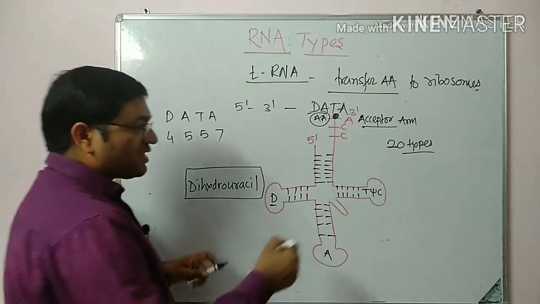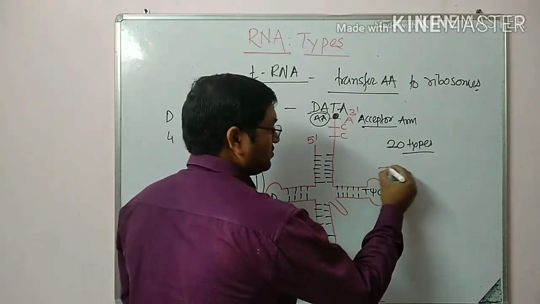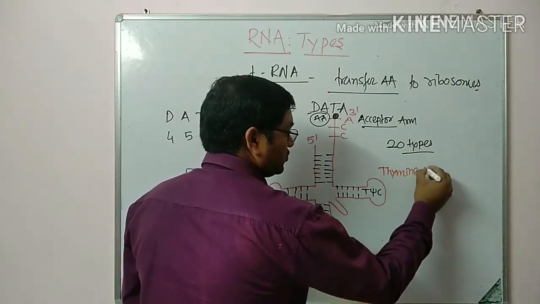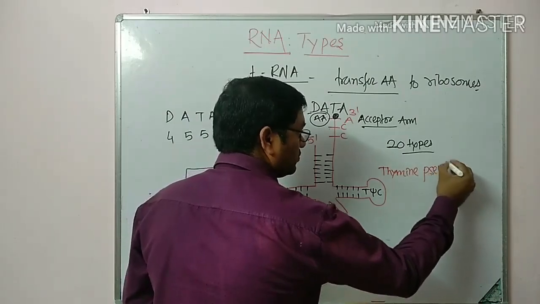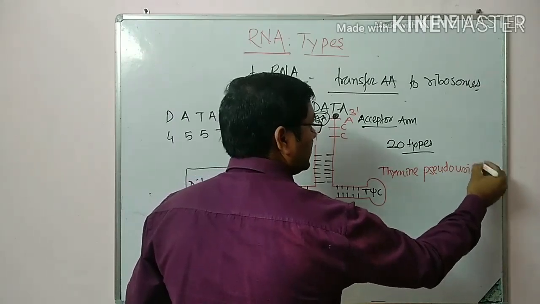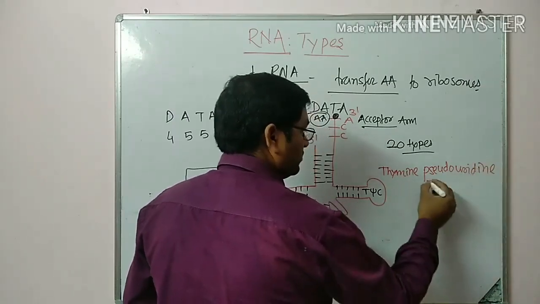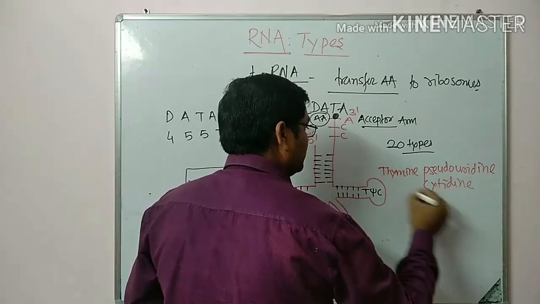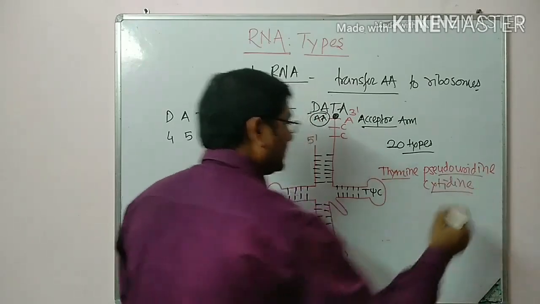Then T psi C: T means thymine, psi means pseudouridine, and C means cytidine arm. Thymine, pseudouridine, and cytidine.